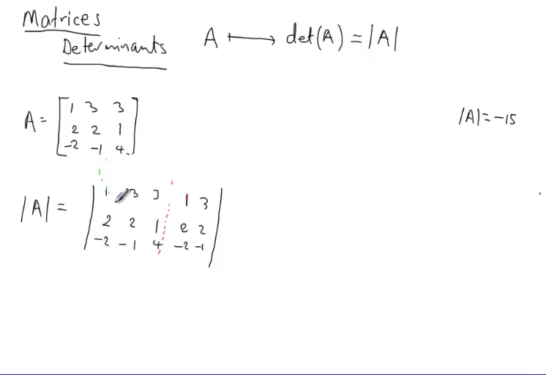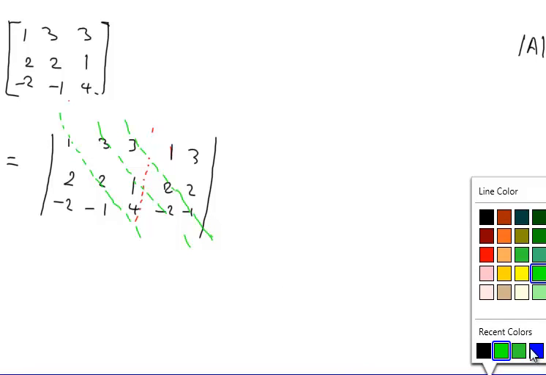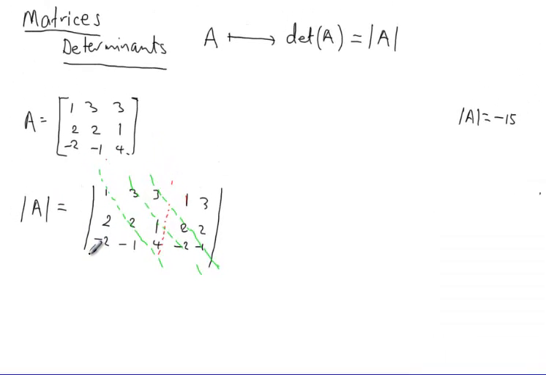Then you say diagonal, diagonal, diagonal. We make that product. Then the other way, you say diagonal. So the second diagonal, isn't it?